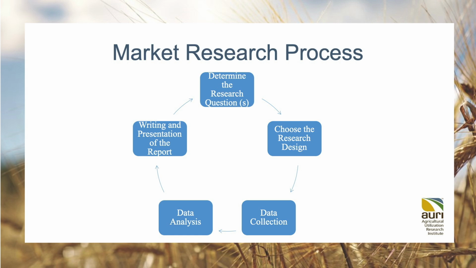And after you have the research design, you'll have to find the best data collection method to find the information. So you can use surveys, you can use interviews, you can do your own online surveys and all that. So you basically design a data collection process to find the information.